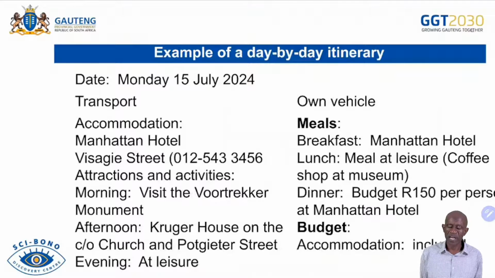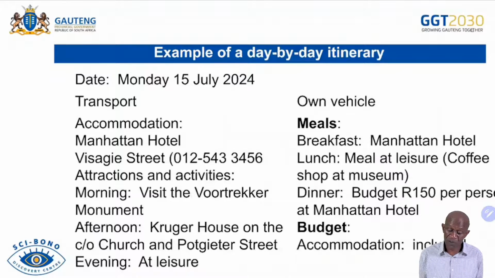Accommodation is the Manhattan Hotel, and meals provided at Manhattan will be breakfast, lunch, and meals at leisure. And you have coffee shops at the museum. You'd have dinner, budget around 150 per person at Manhattan Hotel. So all those details appear here.